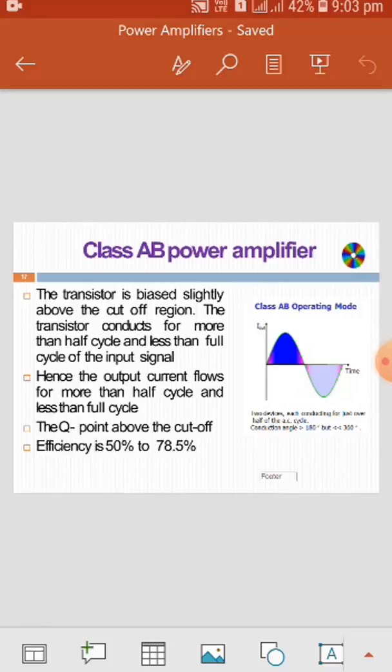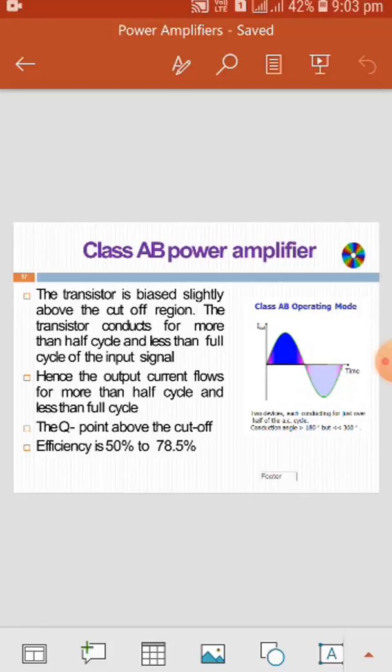Consider the scenario: in a class A amplifier, it conducts for 360 degrees, whereas in a class B power amplifier, it conducts for only 180 degrees. In a class AB power amplifier, it conducts for more than 180 degrees and less than 360 degrees. Hence, the output current flows for more than one half cycle but less than one full cycle.